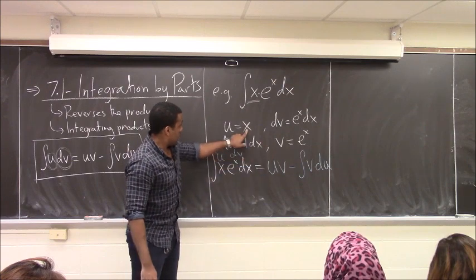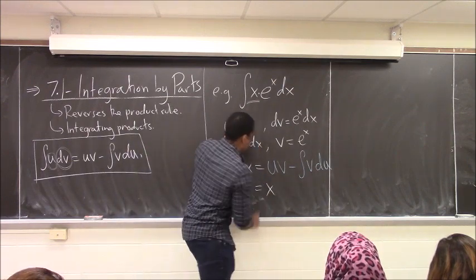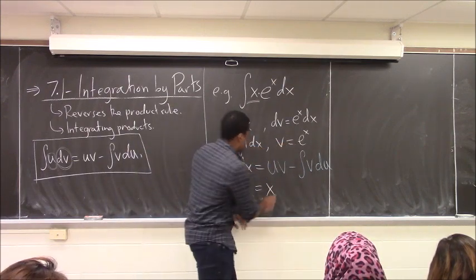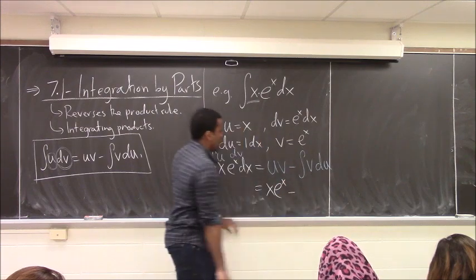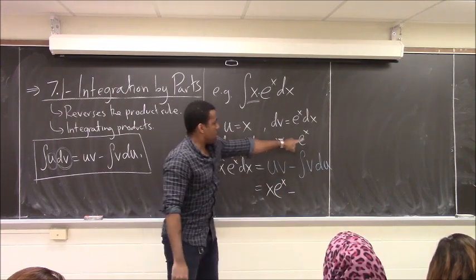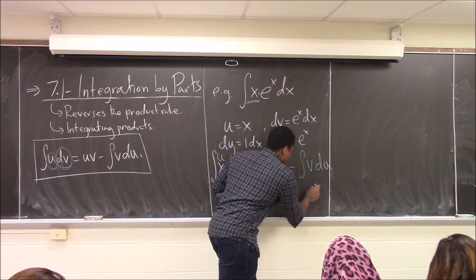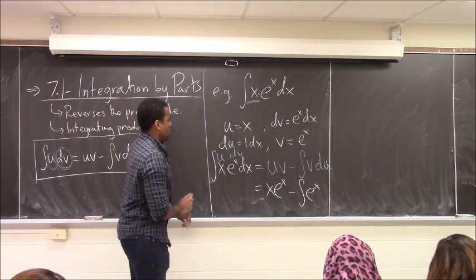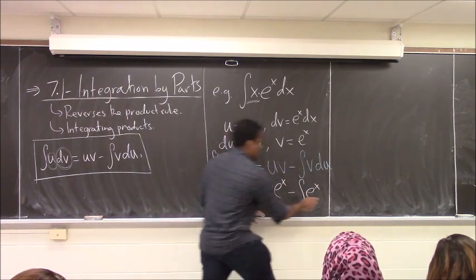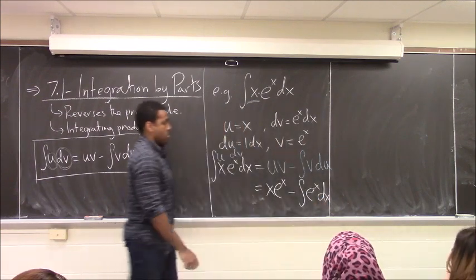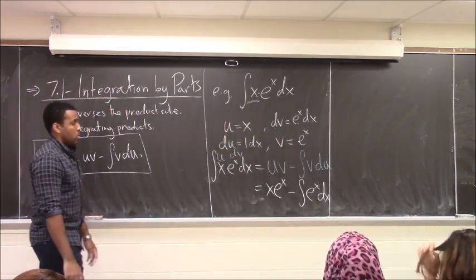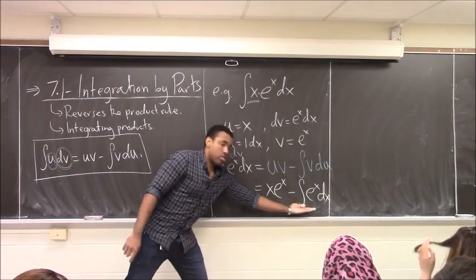My u is x. My v is e to the x. And my du is just 1 dx. And that integral is easy to do.